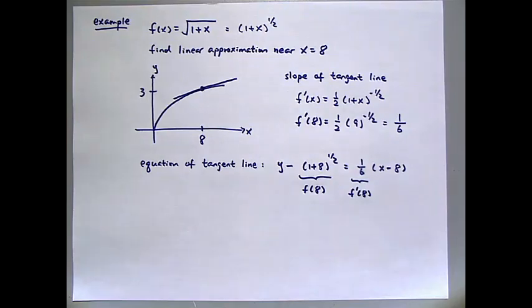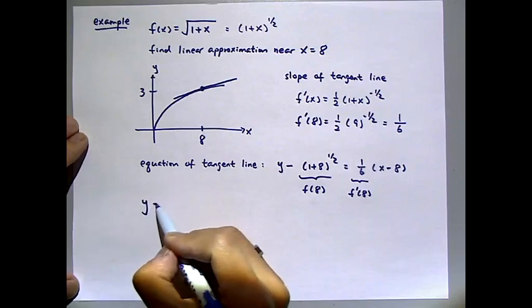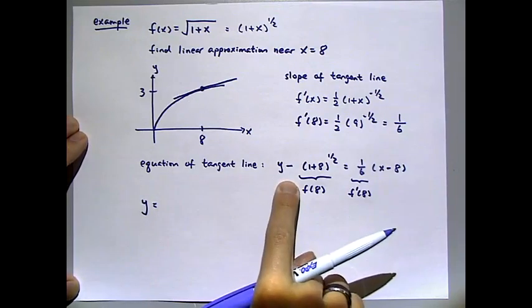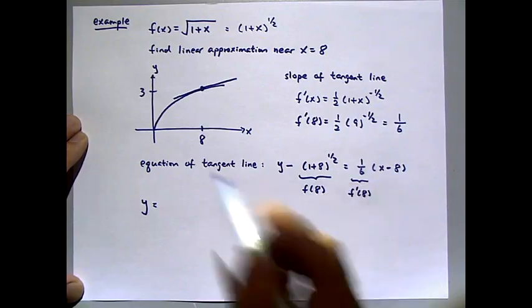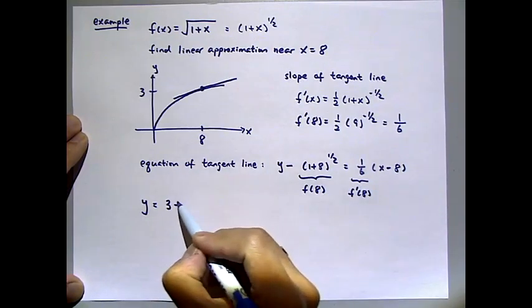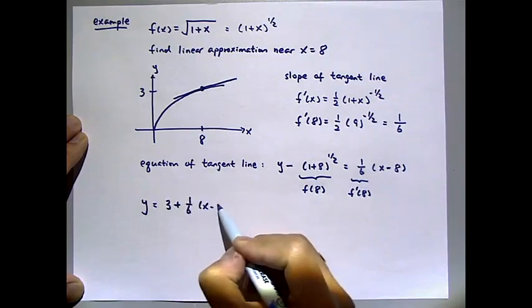And once again, that's just the equation of the tangent line, a slope and a point, just a very ordinary line. Let's solve for y. This is a 3, right? So 3 plus 1 over 6 times x minus 8.